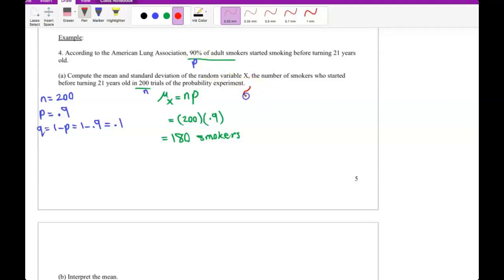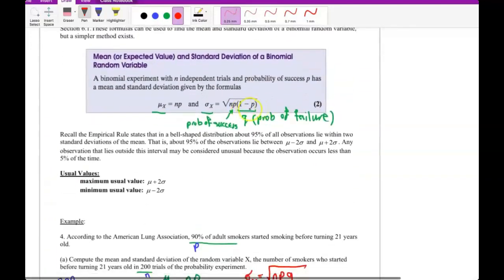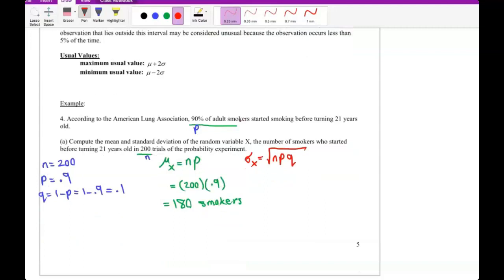And standard deviation is the square root of n times p times q. So here we had n times p times 1 minus p, that is equal to n times p times q, because 1 minus p was q.